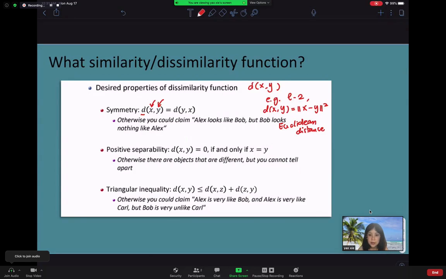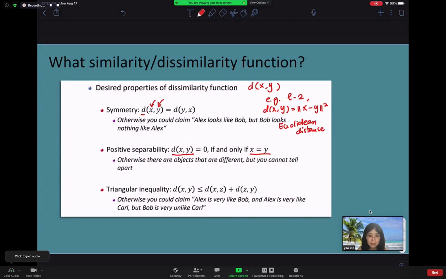First, it has to satisfy symmetry, so d(x,y) equals d(y,x). Because if A looks like B, then B should be the same as A; you don't want an argument that doesn't hold in both directions. The second is positive separability. If two data points have zero distance, this can only happen if these data points are exactly the same. You want to define it this way because you want to differentiate objects that are truly different.